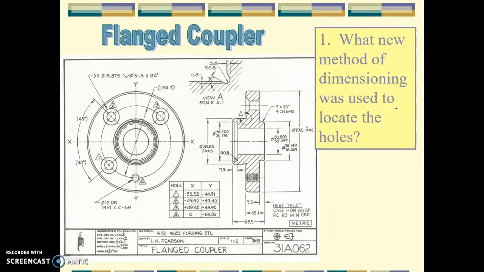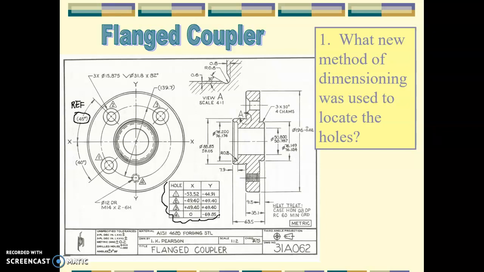I like to include this question because I think it's pretty sneaky. What this question is asking is, are the holes located by angular or linear dimensions? And you may look at this and see, oh, there's an angular dimension, 45 degrees. It's angular. But that angular dimension has parentheses around it, which means it is only a reference dimension. It's not the quote-unquote real dimension.